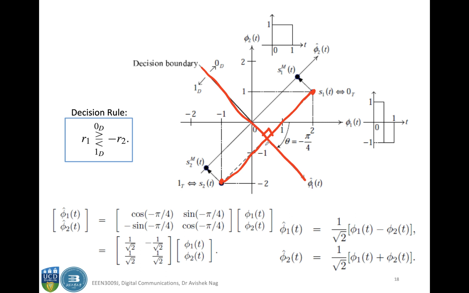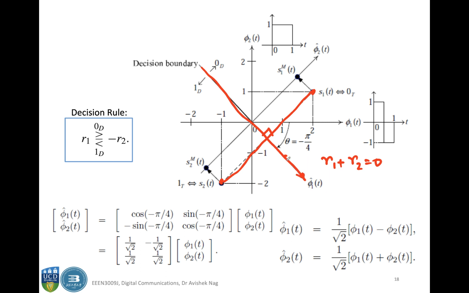And you can find the equation of this line. Okay, this line's equation in terms of the received signal components is nothing but R1 plus R2 equal to 0. So this is the decision boundary.